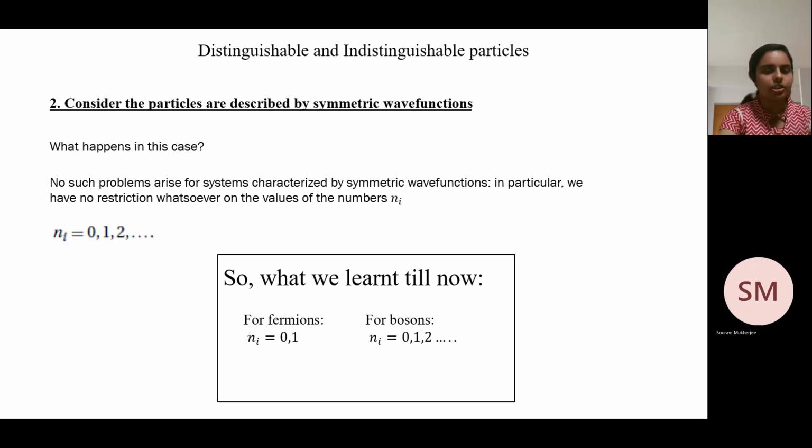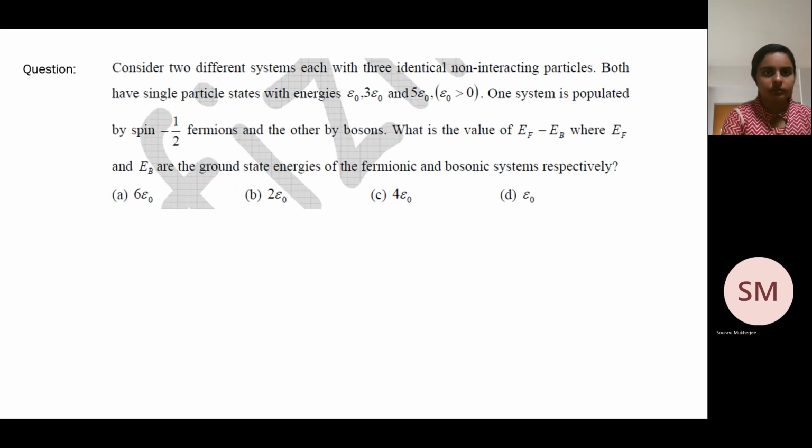Now, this limitation, or this condition, which comes from the symmetry property of these particles, would tell us how this kind of particles get distributed in a given system with some energy levels. So now consider two different systems, each with three identical non-interacting particles, right?